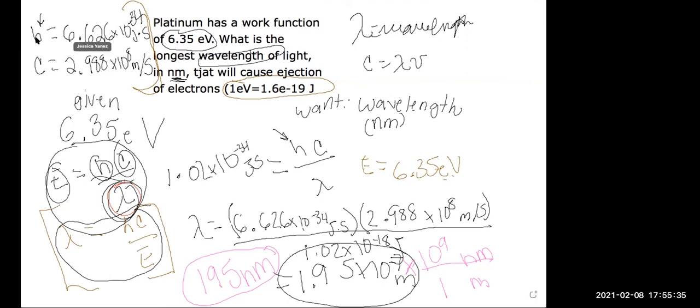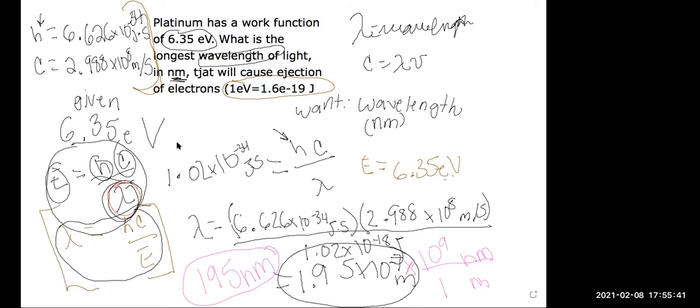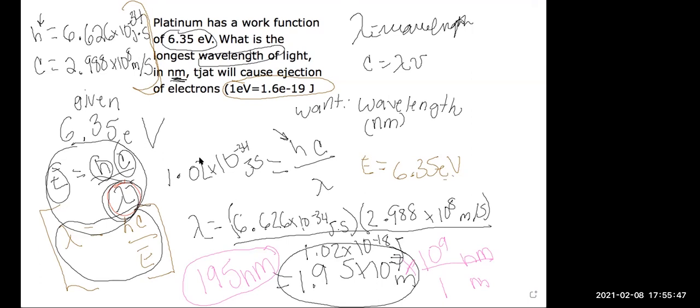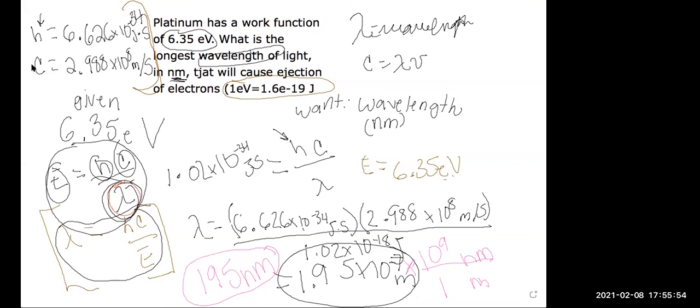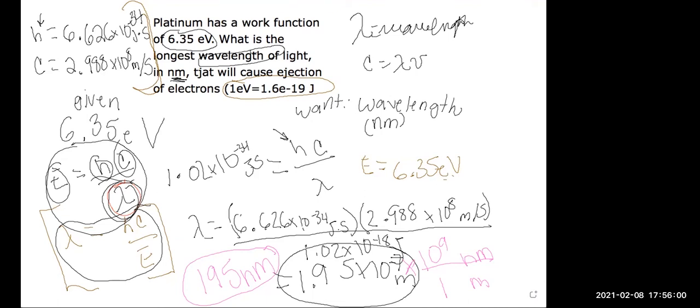The same thing with the speed of light. The speed of light will always be that. It's kind of like I was saying earlier about Avogadro's number. Remember, you know that Avogadro's number will always be what? 6.022 times, right? So it's going to be the same thing with Planck's and the speed of light. Yeah, you're right. So it's going to stay constant throughout. Okay.